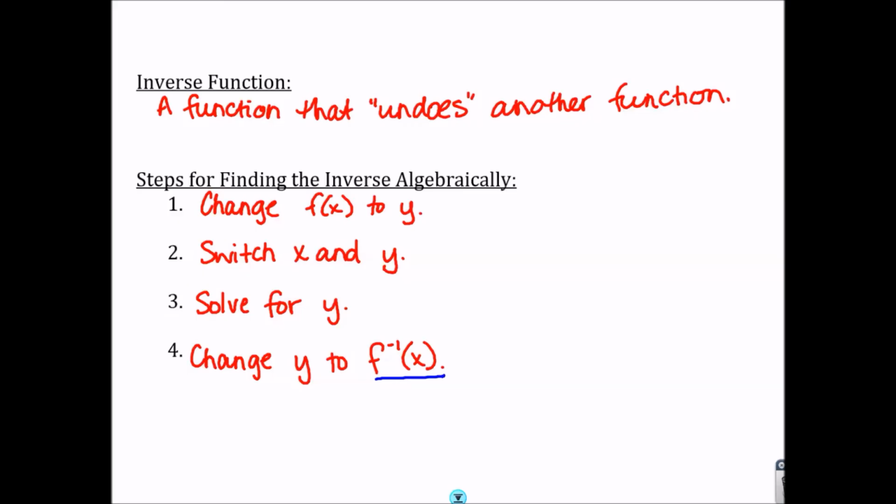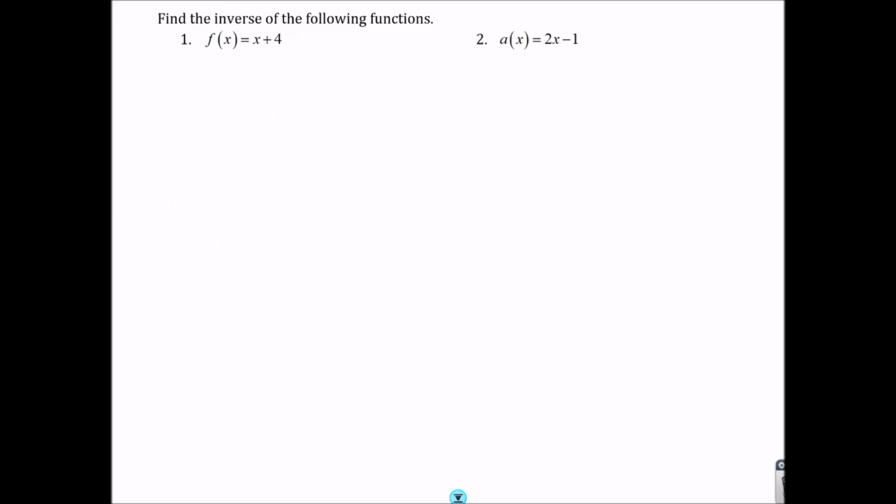So let's look at a couple of examples. First, we want to find the inverse of f of x equals x plus 4. So we're going to start by changing f of x to y. Then we're going to switch the x and the y. Then we need to solve for y.